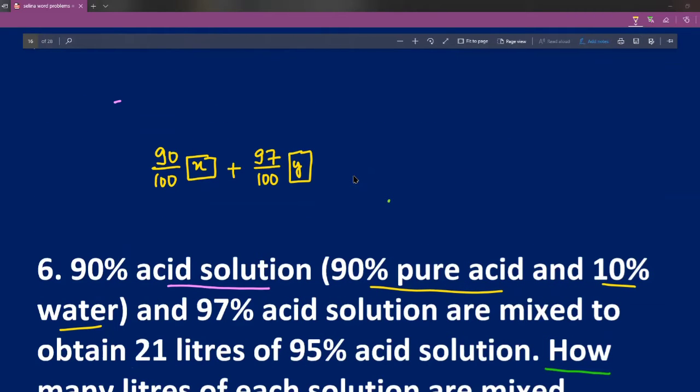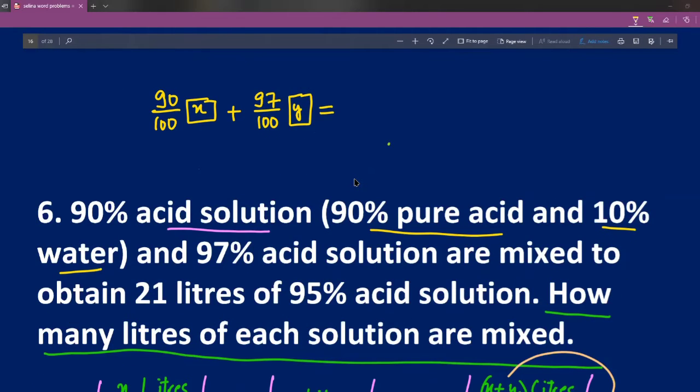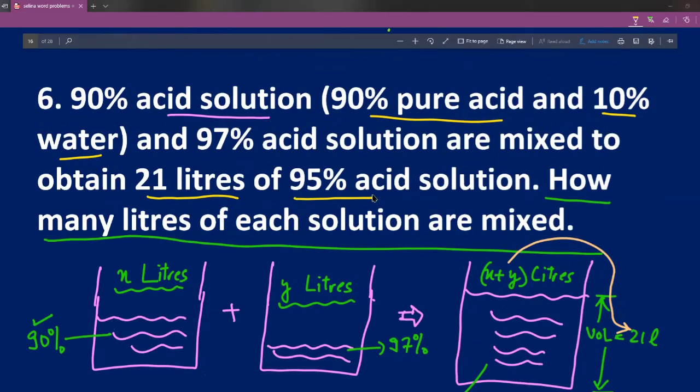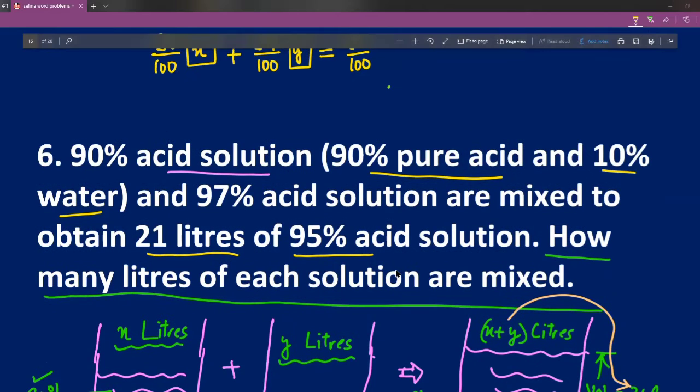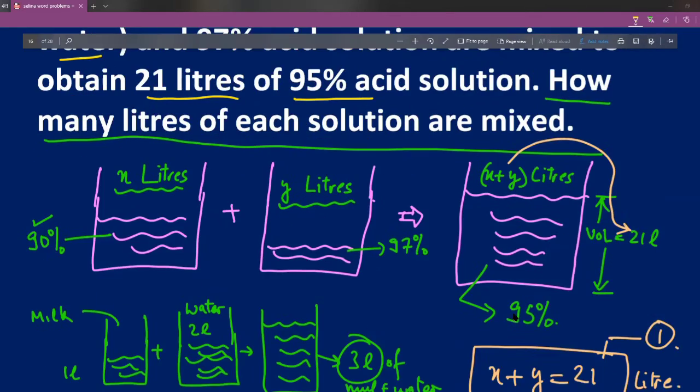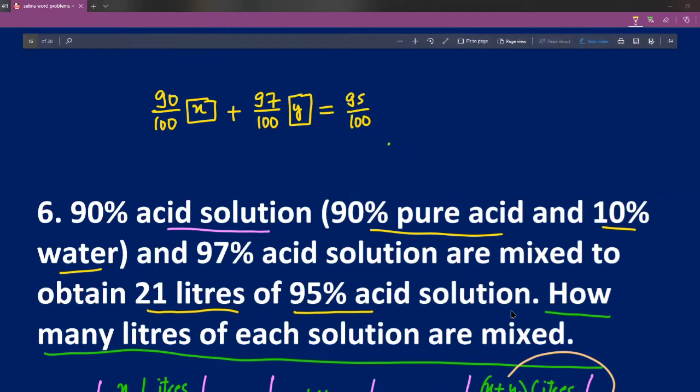This whole would be equal to 95% of the solution in beaker C, which is formed by mixing A and B. So this will be 95% of 21 liters. I hope this is clear. This will be the acid equation.